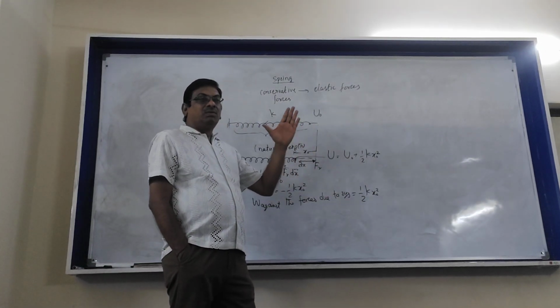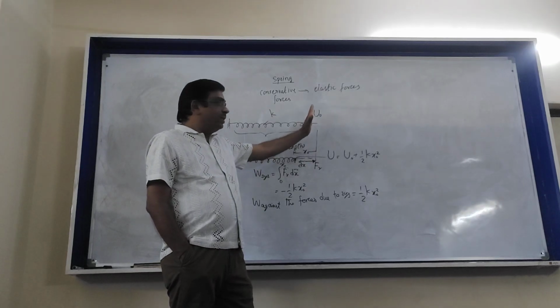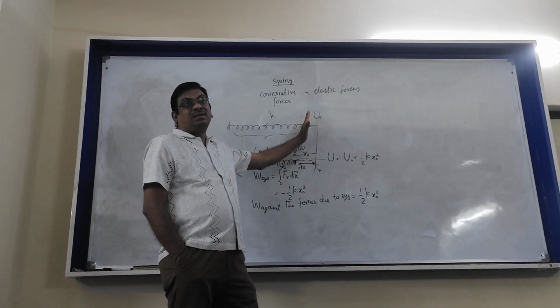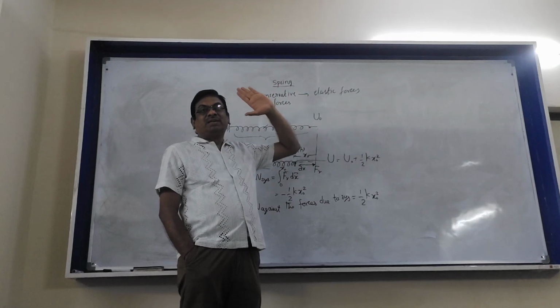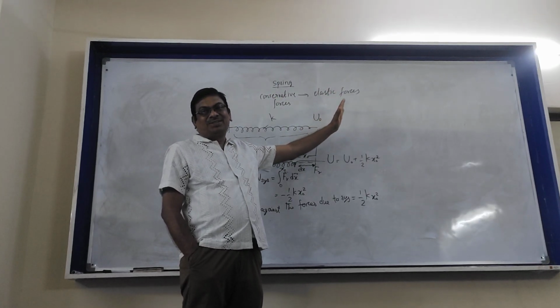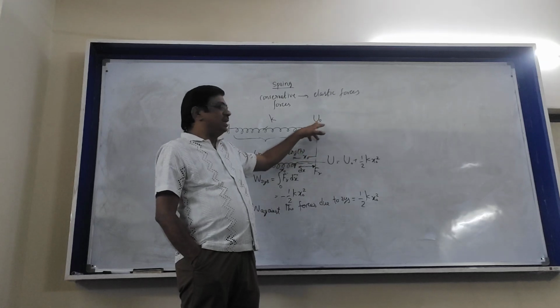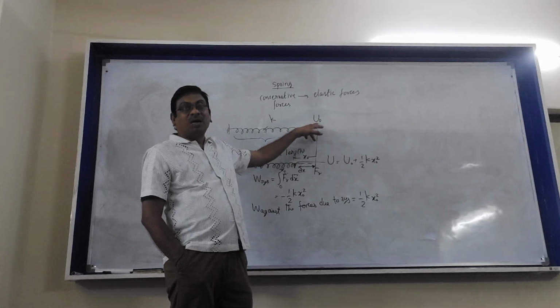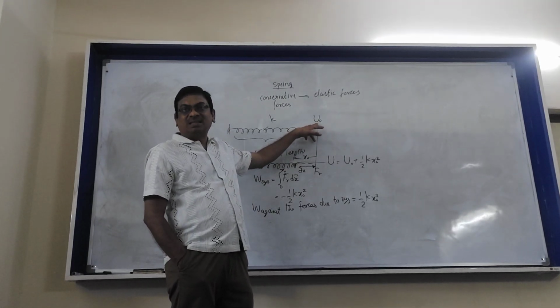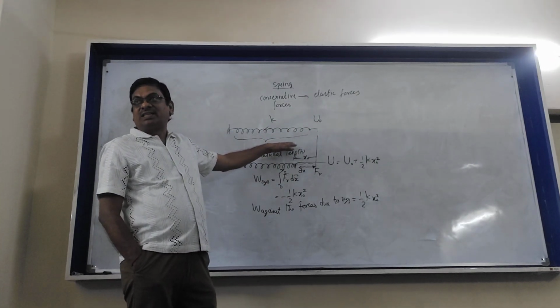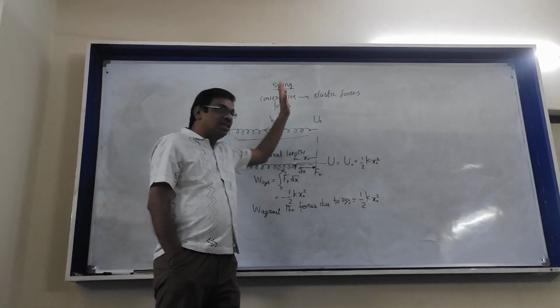Now, what happens? Conventionally, we assign a certain value to this. It is just based on the whims and fancy of the person who is utilizing this. But of course, conventionally, all of us agree to take this as zero, even though it's not mandatory that it has to be zero. It is just an assumption. We assume that when the spring is in the natural, relaxed state, its potential energy is zero.